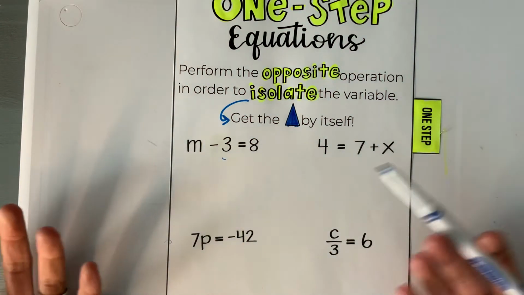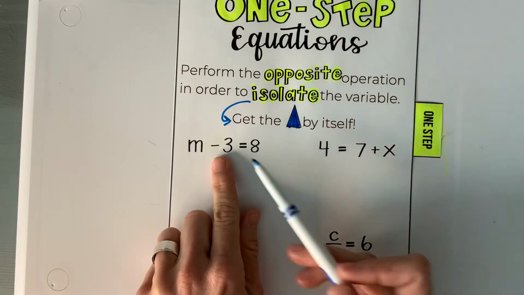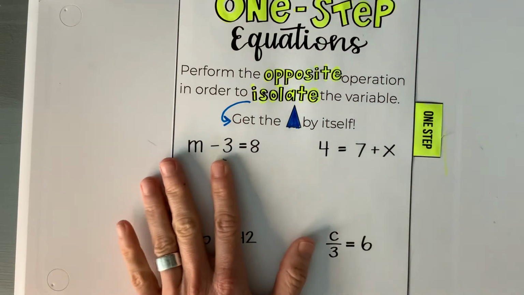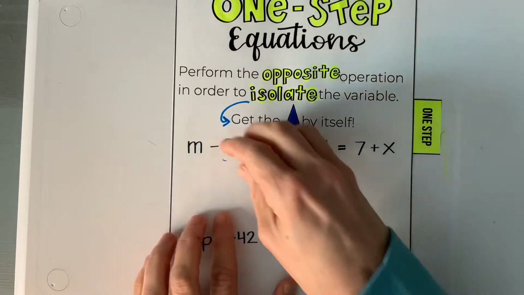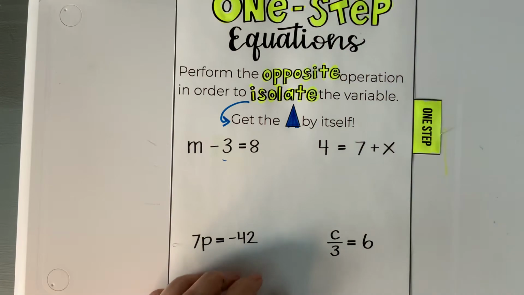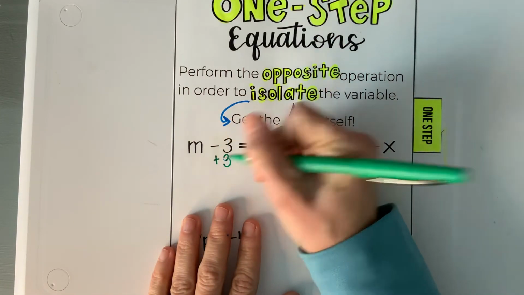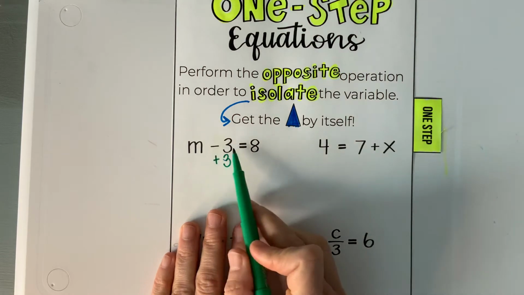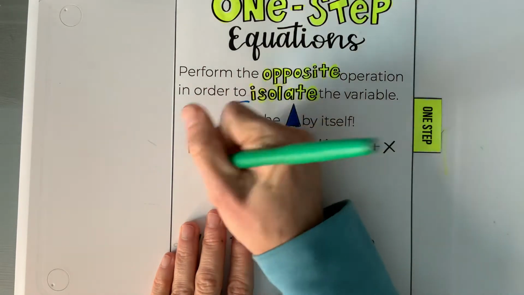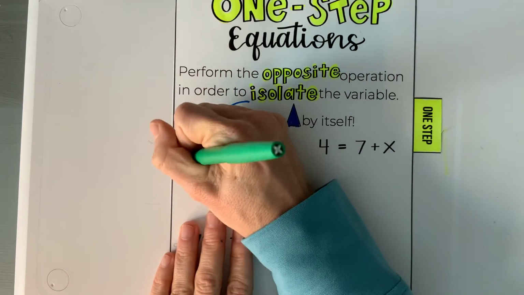Well, using that same logic, if you were to start with a minus 3, what would you do in order to remove that term? Well, you would plus 3, right? So you do the opposite operation. So if it's subtract 3 from the variable, you are then going to add.